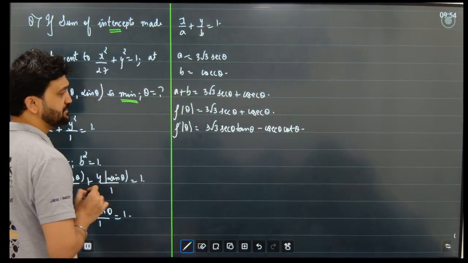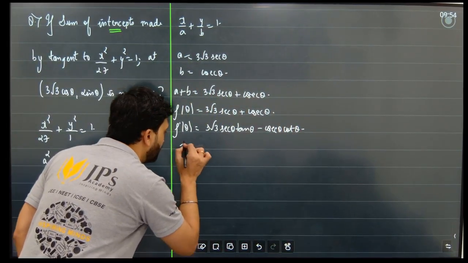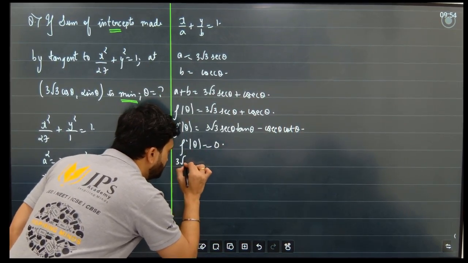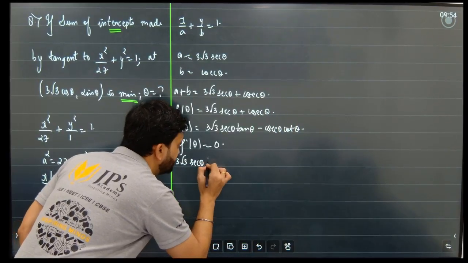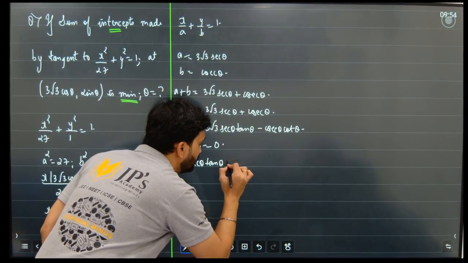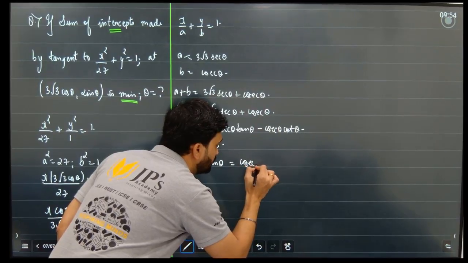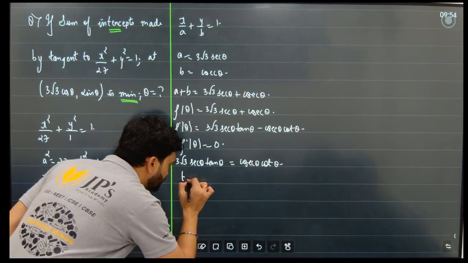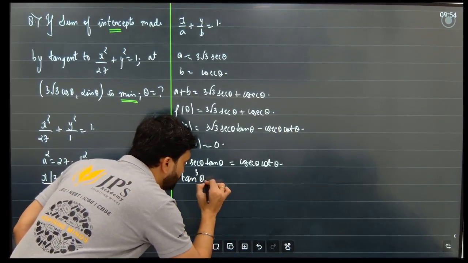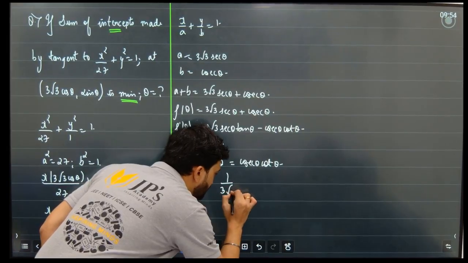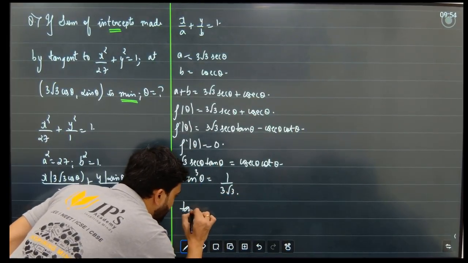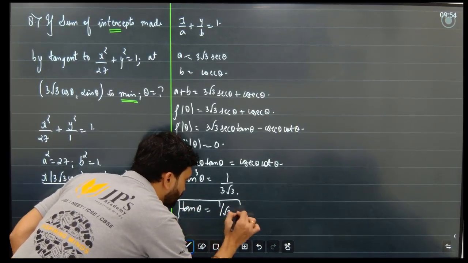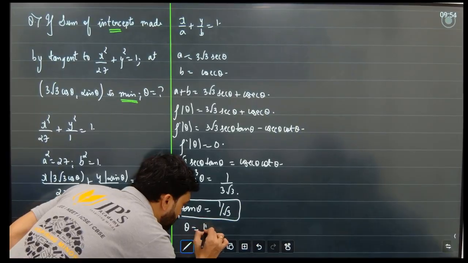I know that my first derivative is always equal to 0. I'll write f dash theta is equal to 0. 3 root 3 sec theta tan theta is equal to cosec theta cot theta. And if I substitute, I'll get tan cube theta is equal to 1 upon 3 root 3. Therefore, I'll get tan theta is equal to 1 upon root 3. Therefore, I'll get theta is equal to pi by 6.